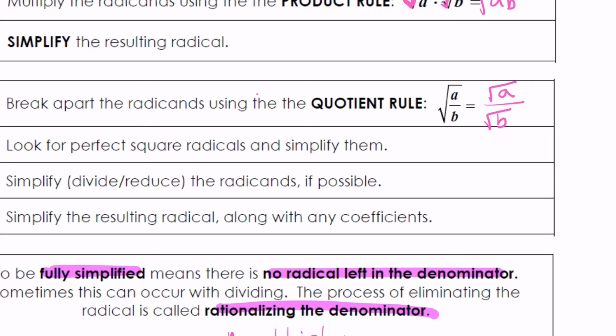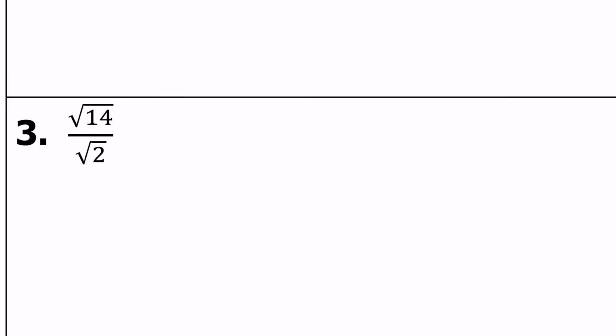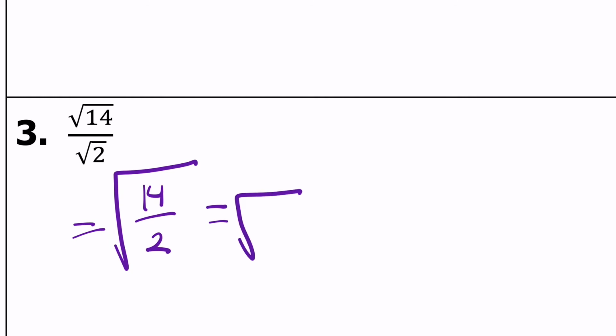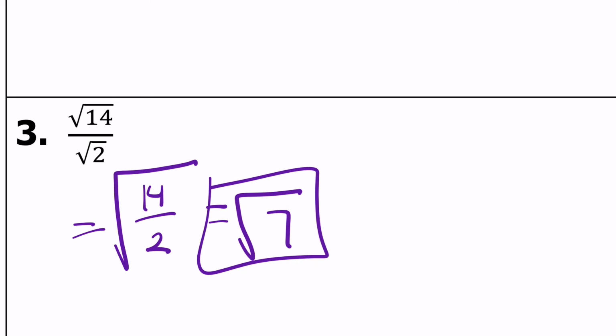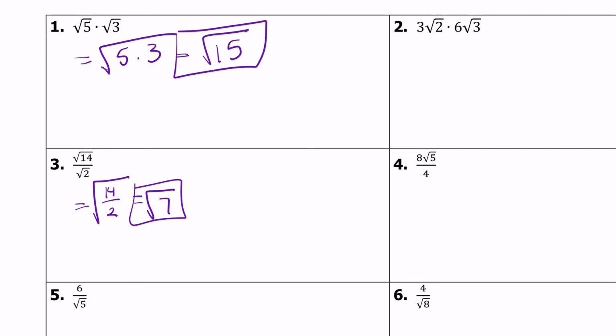It works backwards as well. I can also combine those two together. So I can make this equal to the square root of 14 divided by 2, which equals the square root of 7. So I was able to simplify that by using that quotient rule, putting those together, and then simplifying it down to the square root of 7.